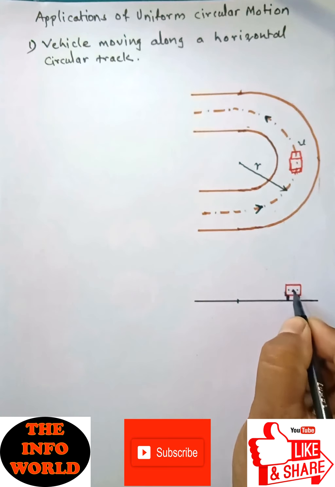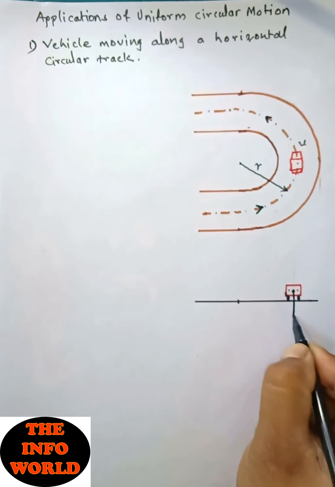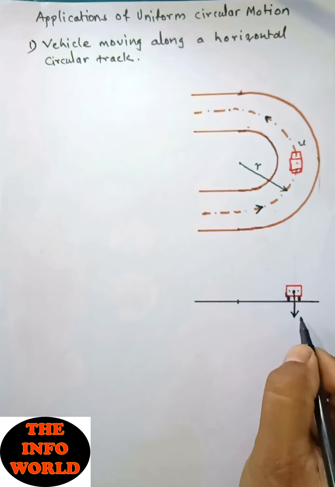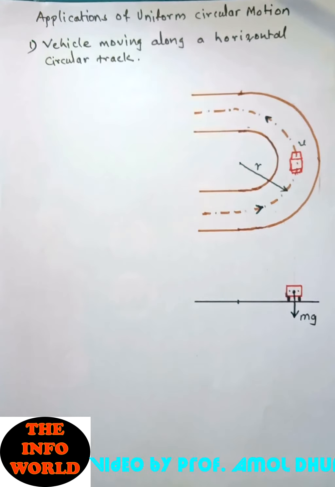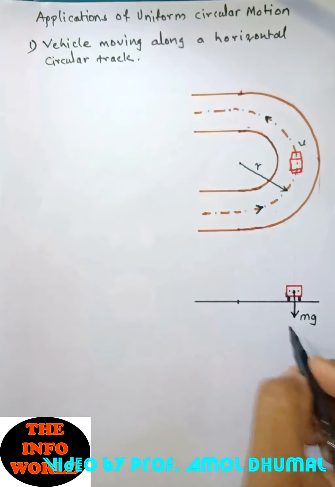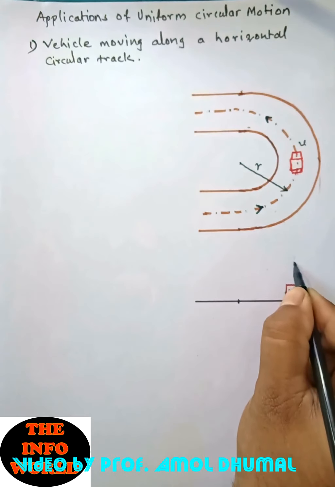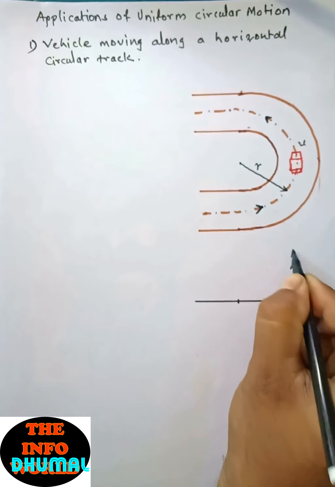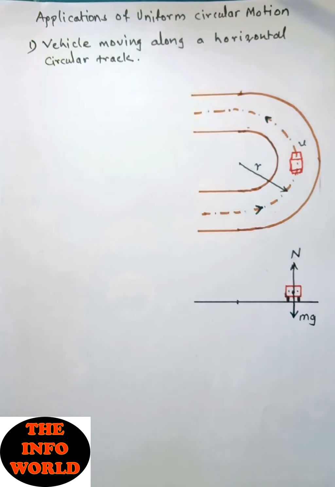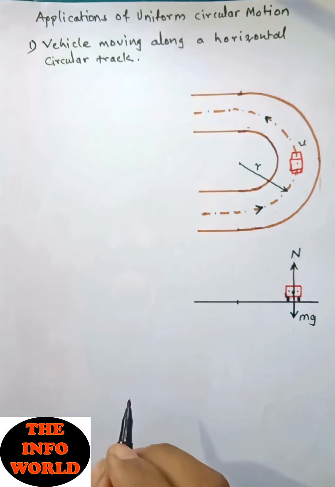So the weight of the car will act at the CG, that is center of gravity. The weight of the car is mg. Then the normal reaction from the road will act in upward direction. It is shown by n.